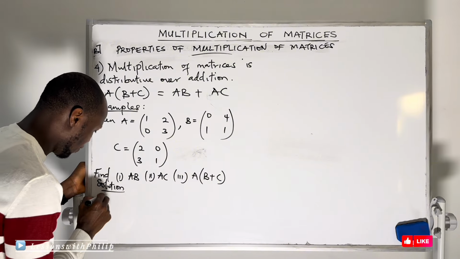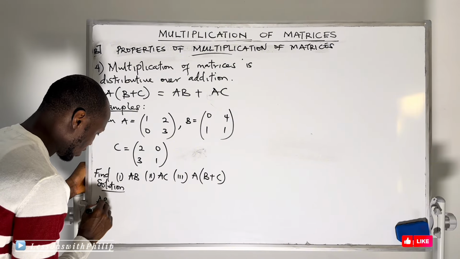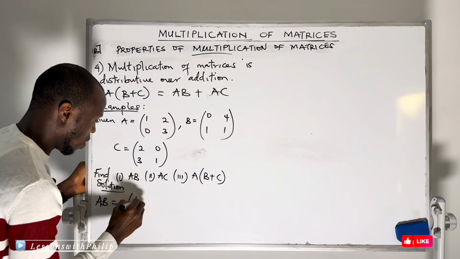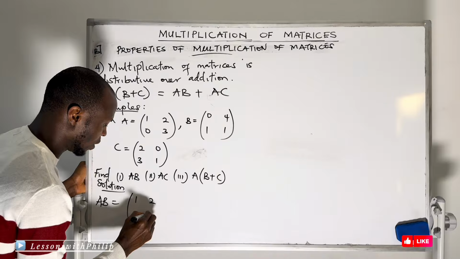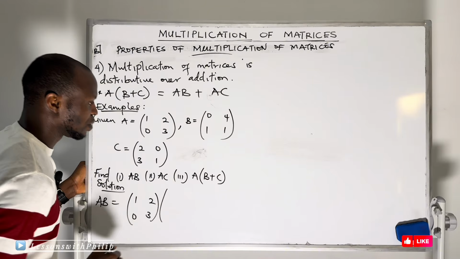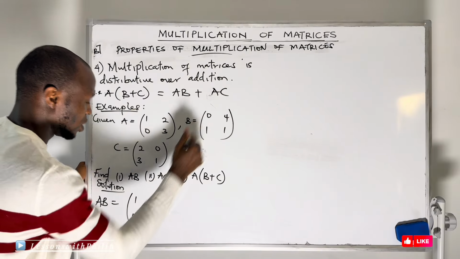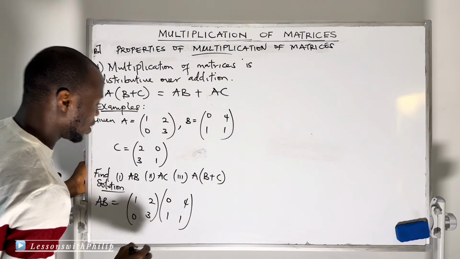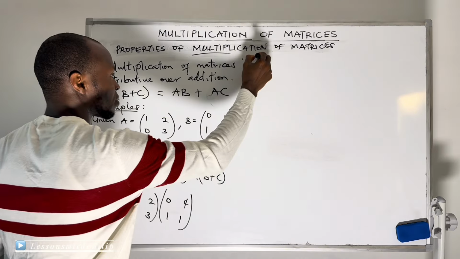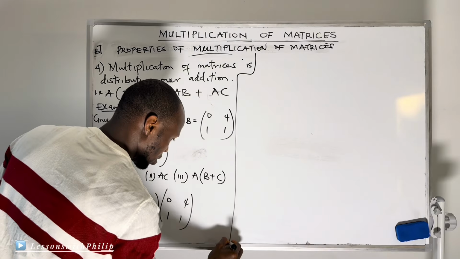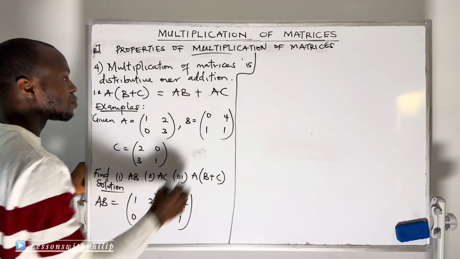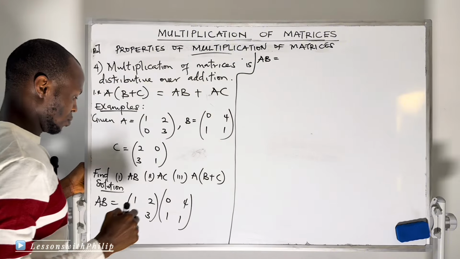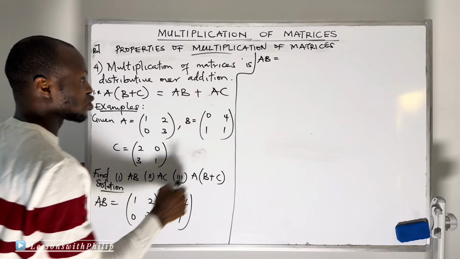Okay, now if you want to find AB, my matrix AB will be equals to, what is my matrix A? That is 1, 2, 0, 3. Multiplied by my matrix B is what? 0, 4, 1, 1. And this will be equals to, my AB will be equals to 1 times 0.